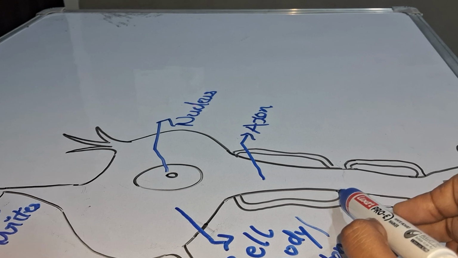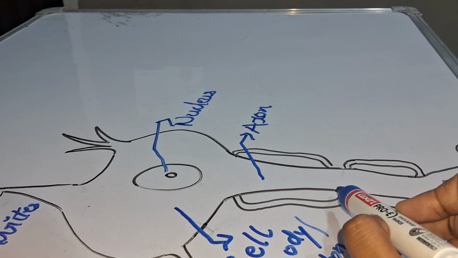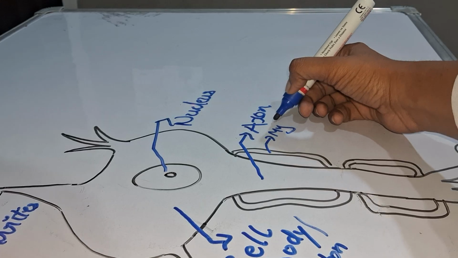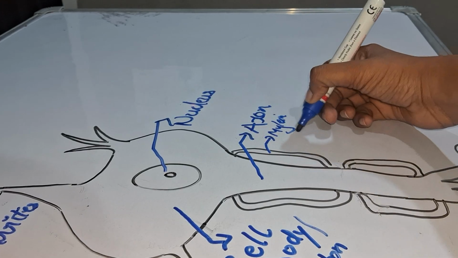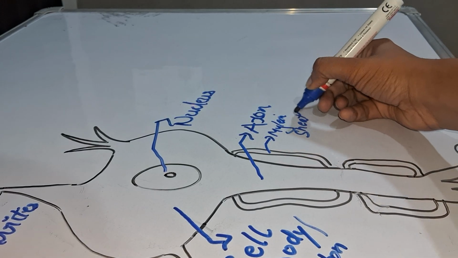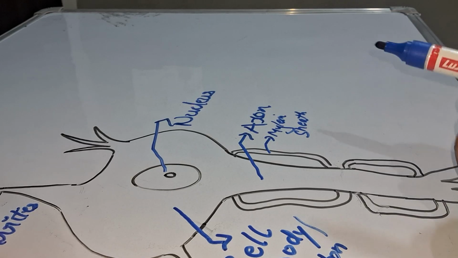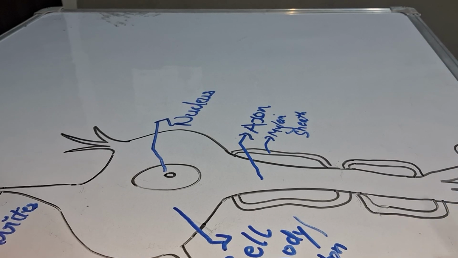This helps in conduction of an impulse. Myelin sheath is actually an insulating material, but it helps in fast conduction of an impulse.